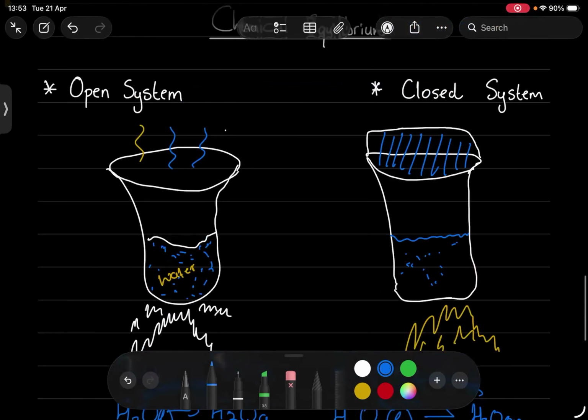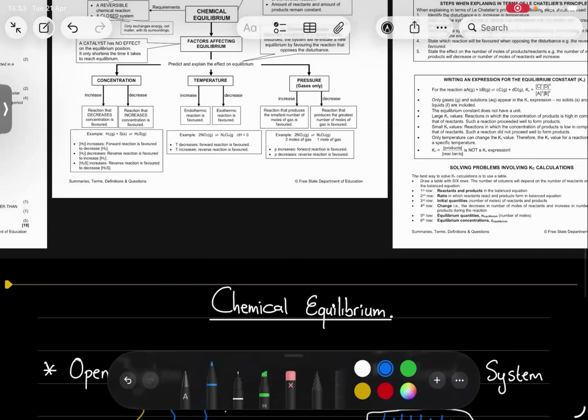But there are some reactions which are reversible. You get what I'm trying to say? If you compare reaction rates and chemical equilibrium, reaction rates only occur in open systems because they have to measure how much gas is released from the reaction that is occurring.